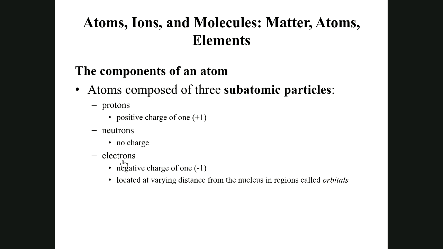So we can change the number of electrons, so these guys don't really define what the atom is. But what determines the number of electrons is the number of protons. And so the protons, we can't change those. If we change the number of protons, then we get a totally different atom. If we change the number of electrons, we don't necessarily get a different atom. It's still the same basic atom, it's just got a different charge to it.